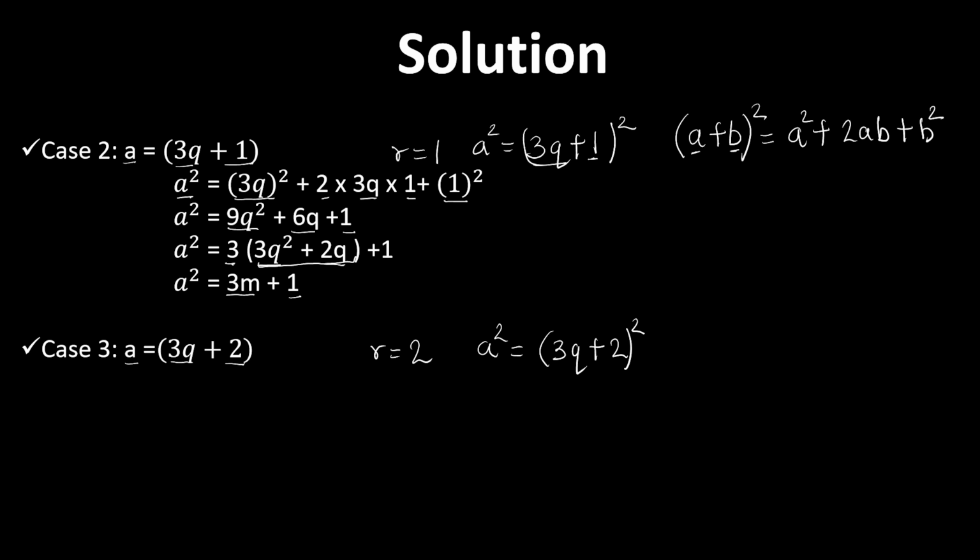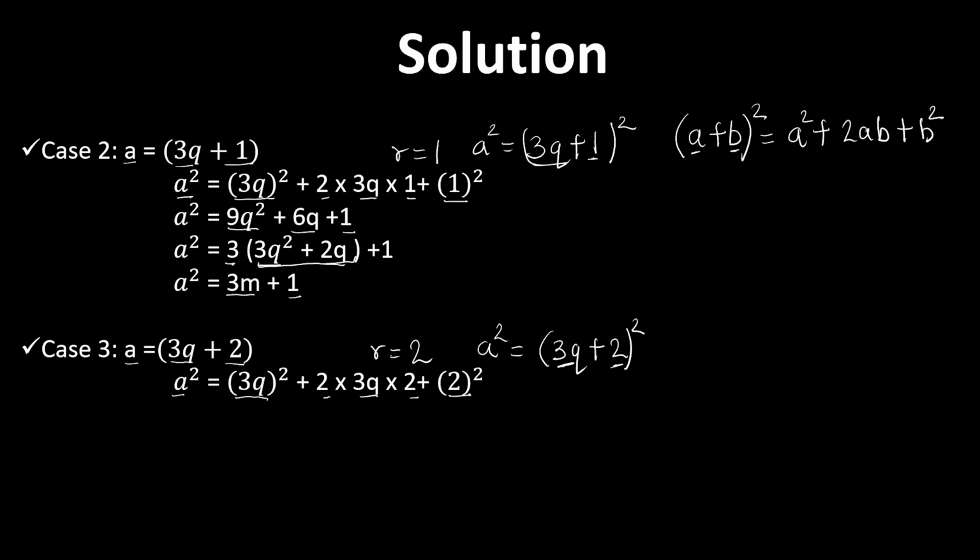Now same way we will be using the identity a plus b whole square in order to evaluate this. Over here if you compare, a value we will consider as 3q and b value we will consider as 2. So on doing the expansion of this term, we will obtain a square is equal to 3q whole square plus 2 into 3q into 2 plus 2 whole square.